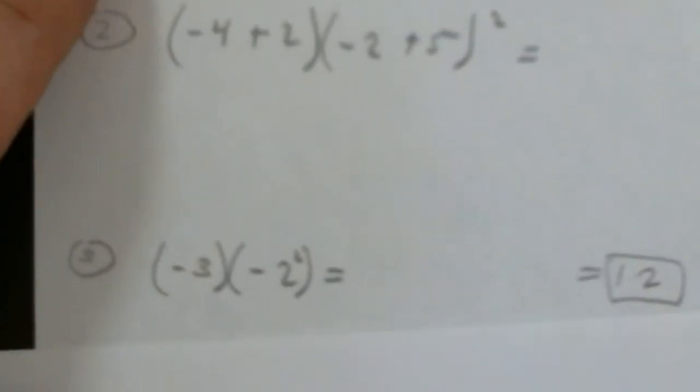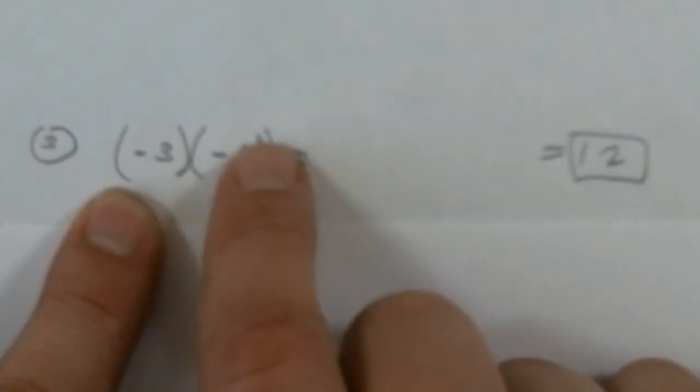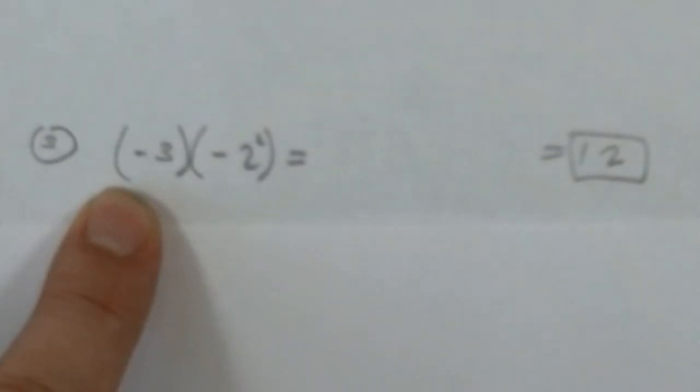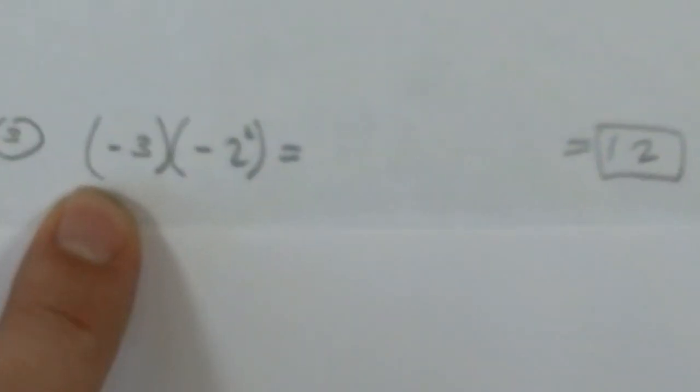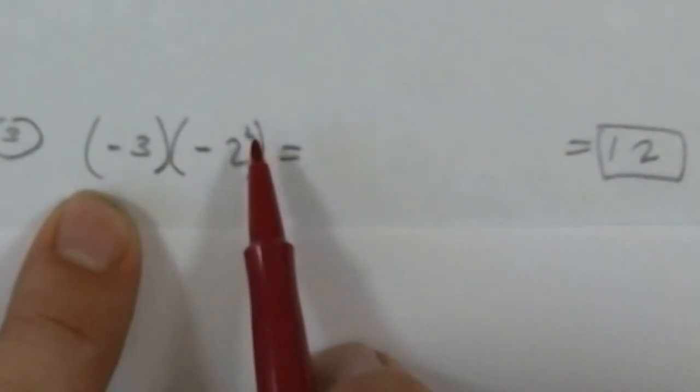What about this one? We should have 12 for this one. And this says negative 3 times negative 2 squared. There's a squared in there. Let me try to zoom in as best I can here and see if this works for you. Okay, so here we go. That's a squared there.